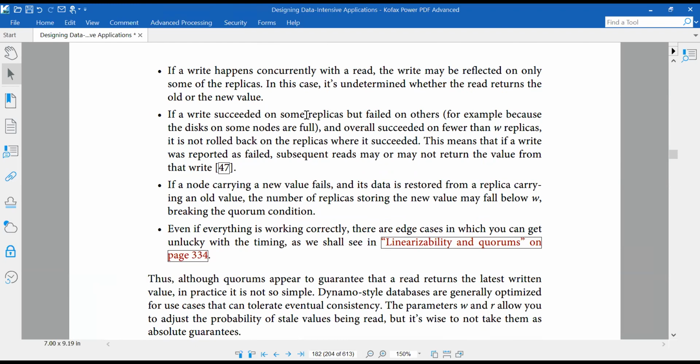If a write succeeded on some replicas but failed on others, for example, because the disk on some nodes is full, and overall succeeded on fewer than W replicas, it is not rolled back on the replicas where it succeeded.